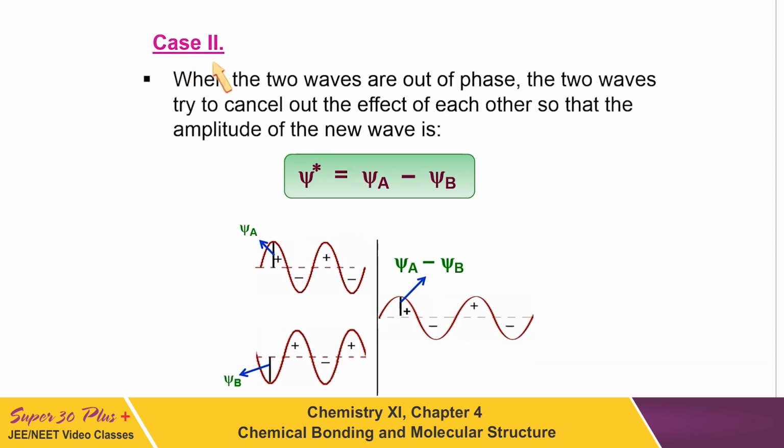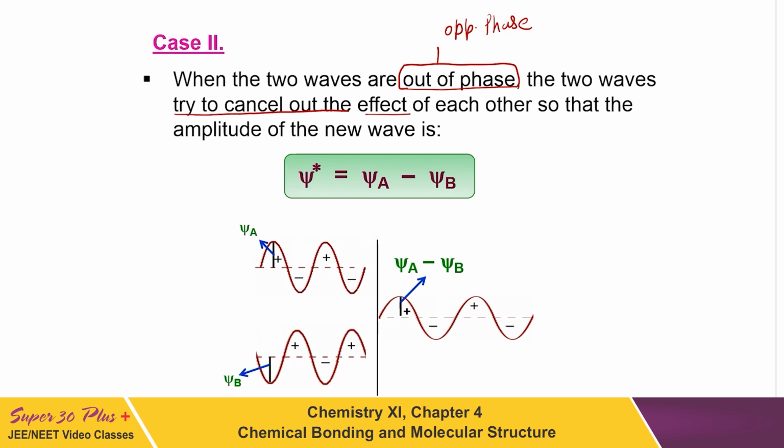Case 2, when the two waves are out of phase. Out of phase means opposite phase combination. In the opposite phase combination, the wave function of the resulting wave is equal to the difference of the wave functions of A and B. In this case, they try to cancel each other out.